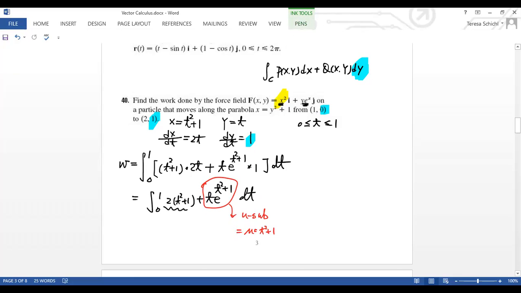So I got the integration, and the final answer here will be 1/2 e squared minus 1/2 e plus 7/3, right? So it's pretty easy. Even for this problem, they did not give you the parametric form, but the function is easy enough.